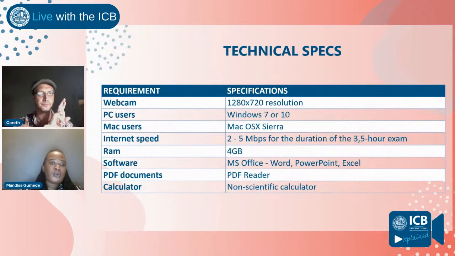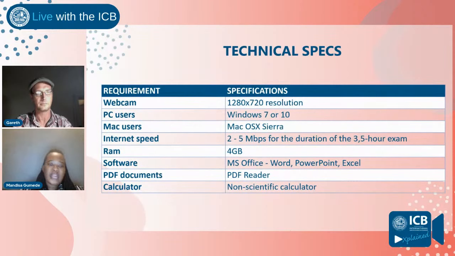Now, without full and clear access to your camera, unfortunately, we won't be able to digitally invigilate your exams, because that's exactly what the camera is for. It forms part of the proctoring tool, and we basically use that to invigilate your online exam in place of a person that invigilates your exams during a paper exam, for instance.